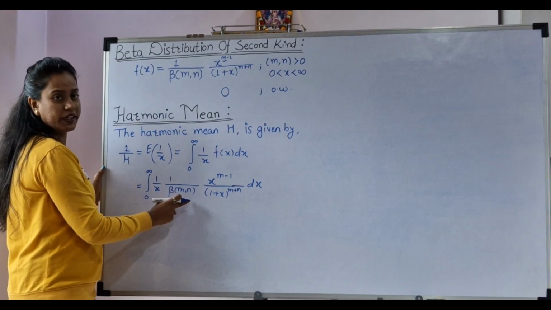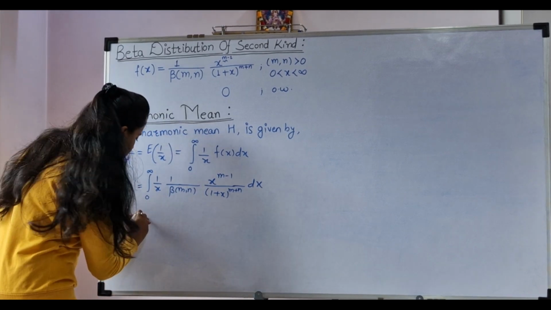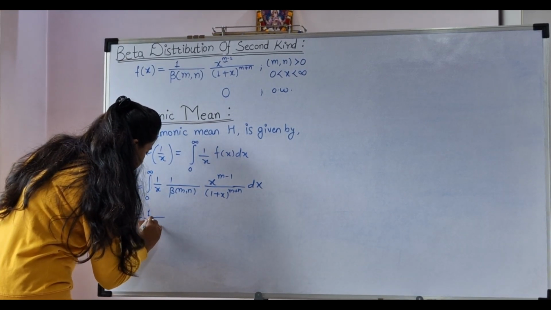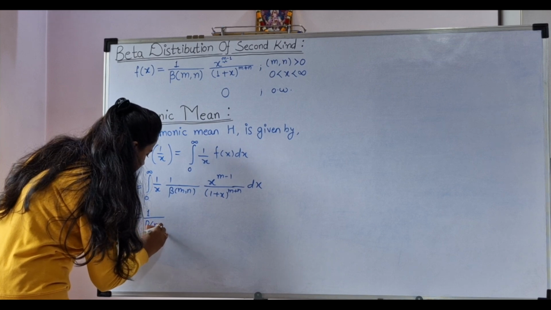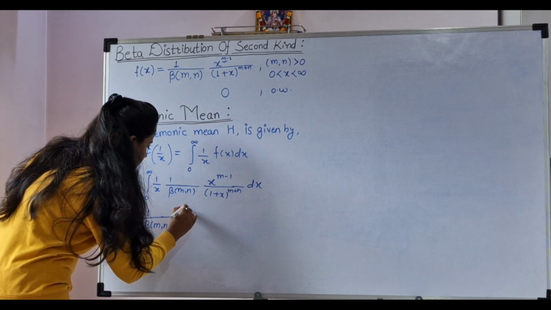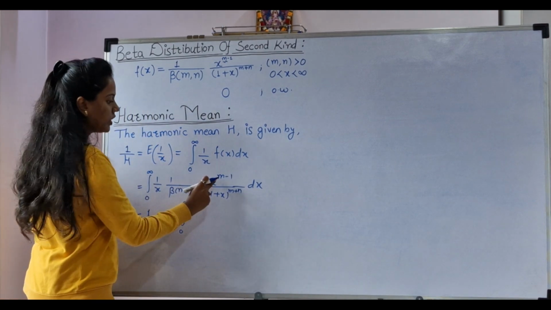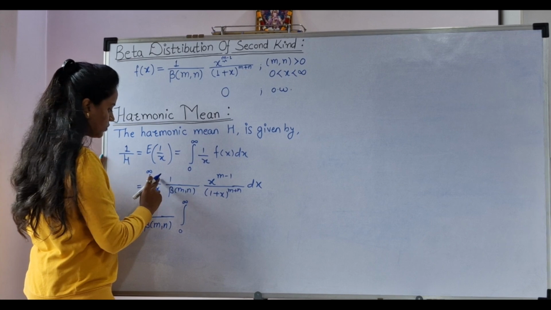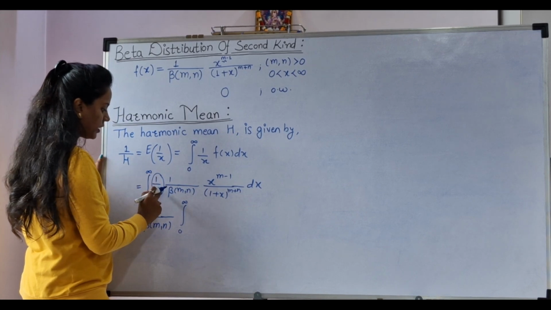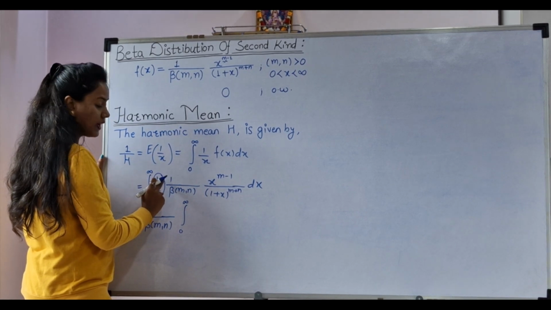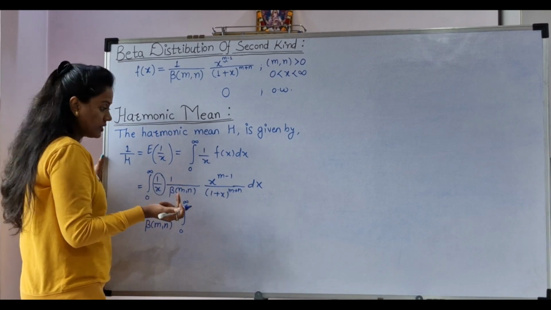Here 1 upon beta(m,n) is a constant. We can take it outside the integration. So we will get 1 upon beta(m,n) integration 0 to infinity. Now here we have x to the power m minus 1, and here it is 1 upon x. So if we take x in the numerator, it will be x inverse.